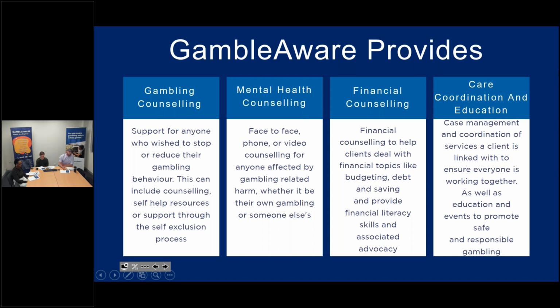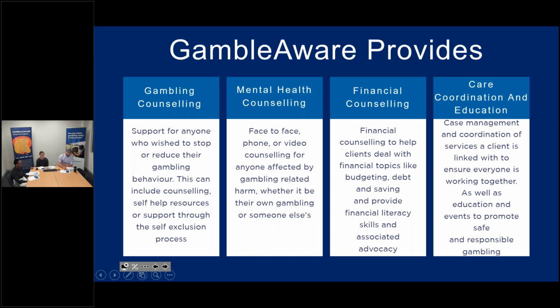In terms of our financial counsellors, they provide financial skills building to clients and advocate on their behalf to help them get back on track from a financial standpoint.